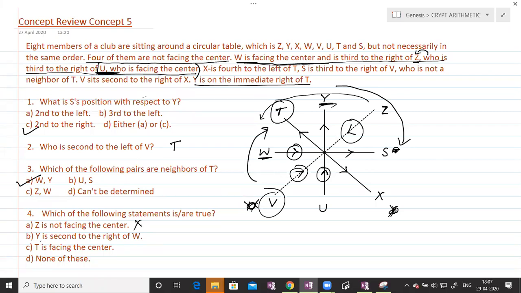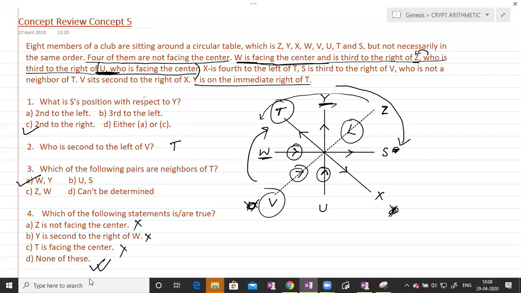Wrong. Y is second to the right of W. Wrong. Y is the second left of W. Right? T is facing center. Wrong. T is facing outside. And of course, my answer must be none.